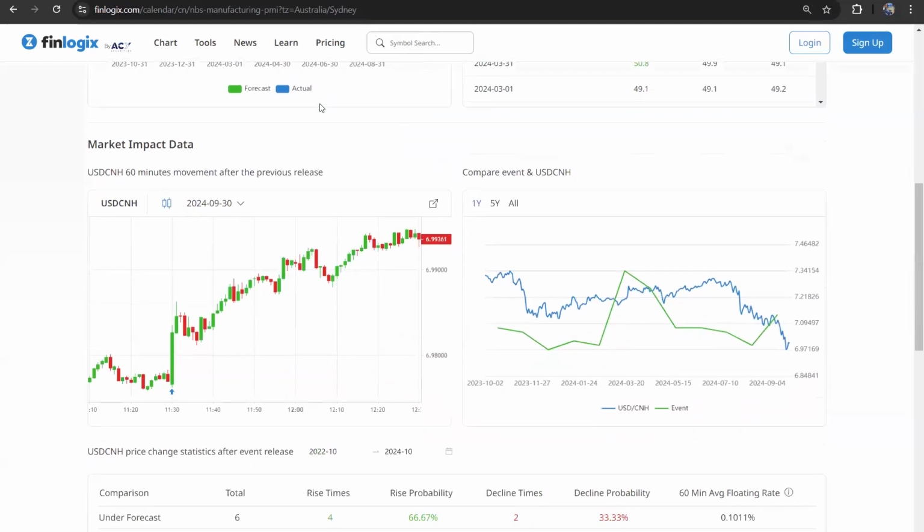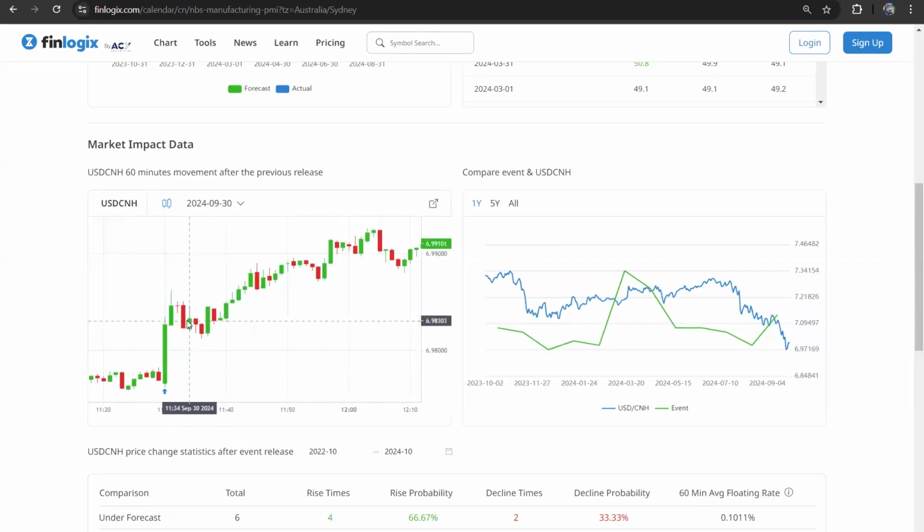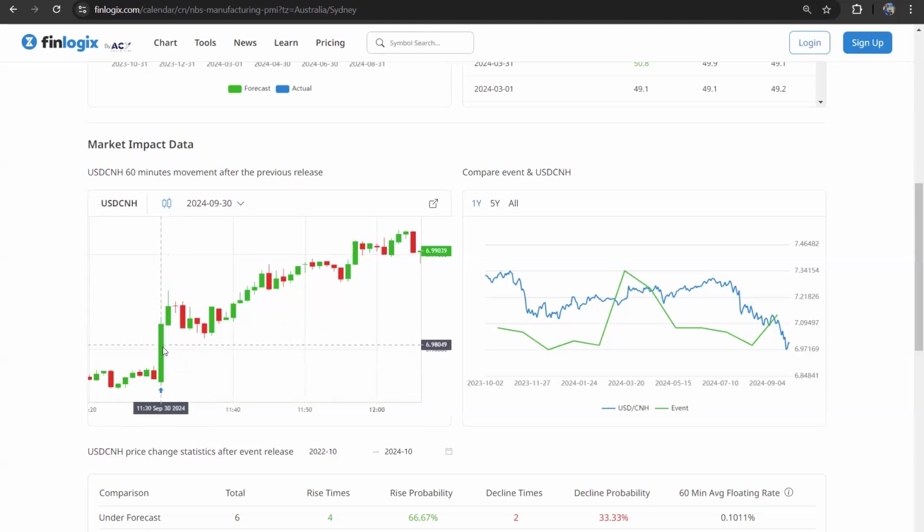You can come down here to the market impact data, and you can see US dollar against Chinese yen on the 60-minute movement after the previous release was right here. You can see this little arrow pointing up. So that is right here, the release, 11:30 a.m. on the 30th of September, Monday. It made the Chinese yen weaken, all right? And we can see right here that if it was a strengthening, then we know that it could go down and not up, all right?